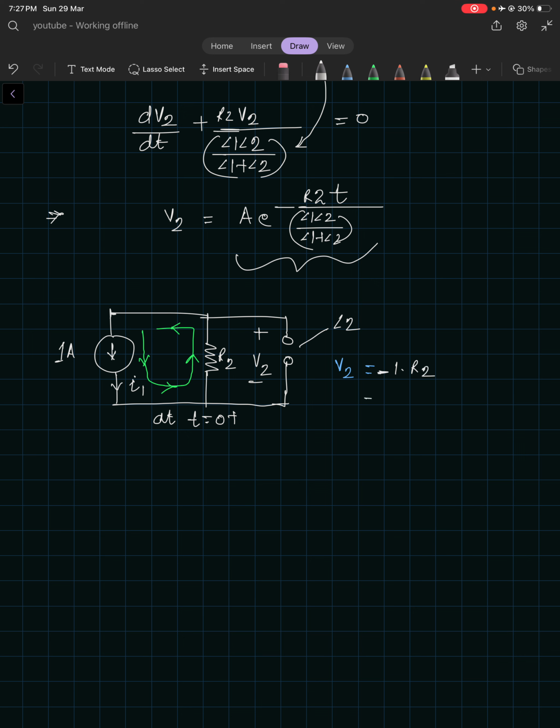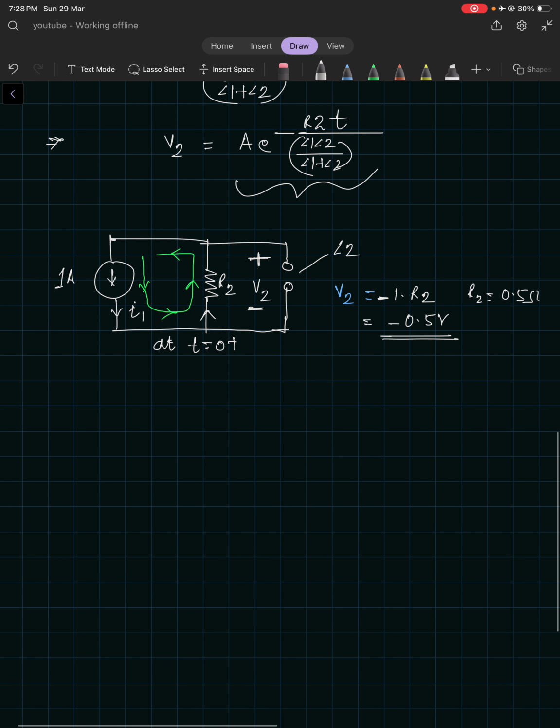R2 was 0.5 ohm, so it will become minus 0.5 volts. Why minus? Because the top part was the positive terminal and the bottom part was the negative terminal, but the current was going against it, this way, so it will become minus. That I need not explain, that is very simple basics. So this is V2 of 0 plus, at t equal to 0 plus.